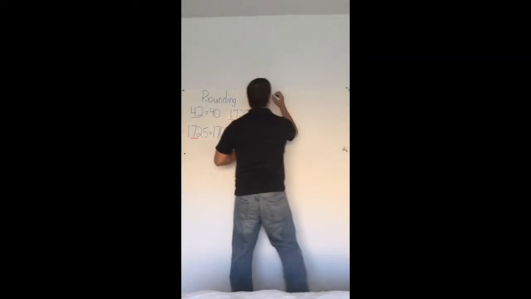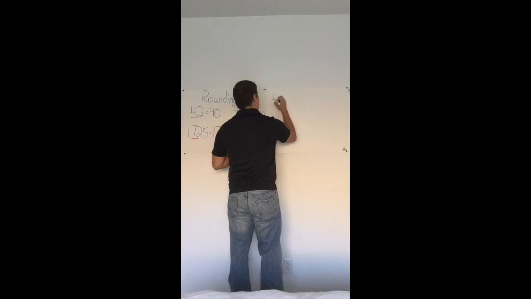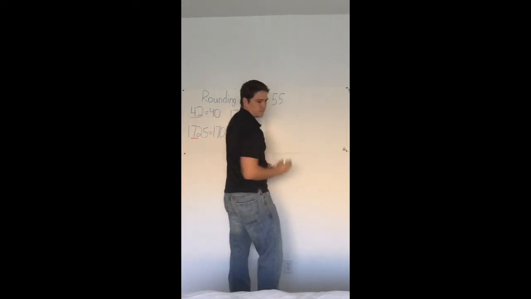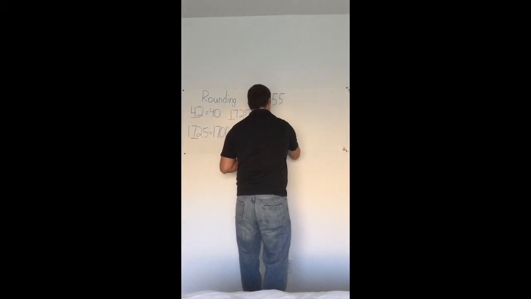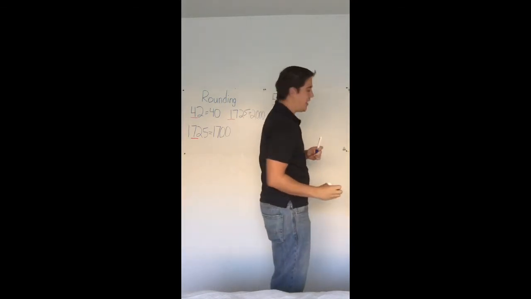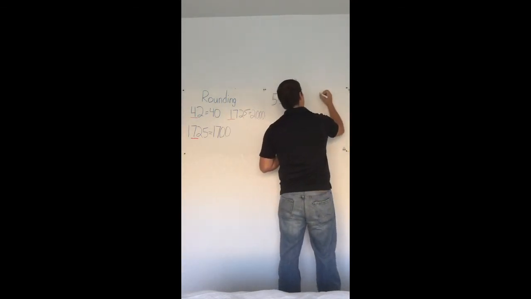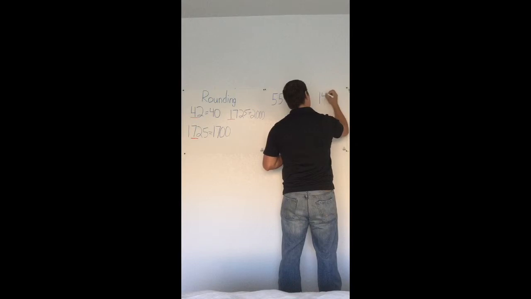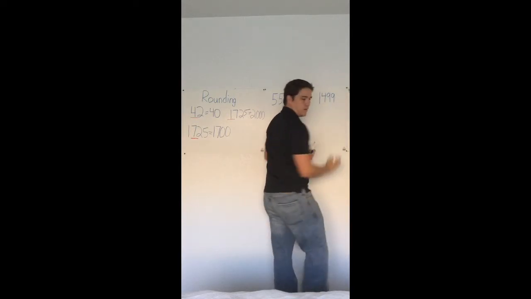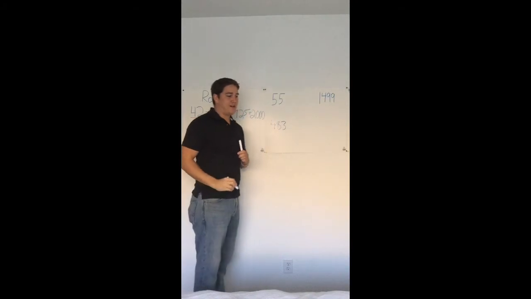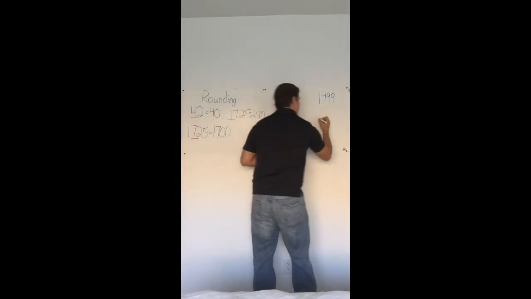So our number is 55. 483. We've got 1,499. And we have 2,991.